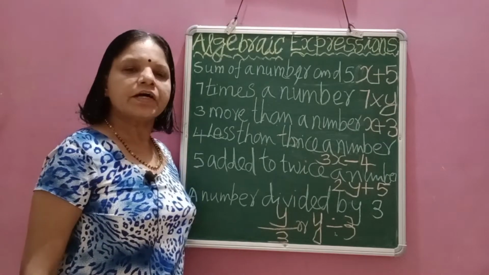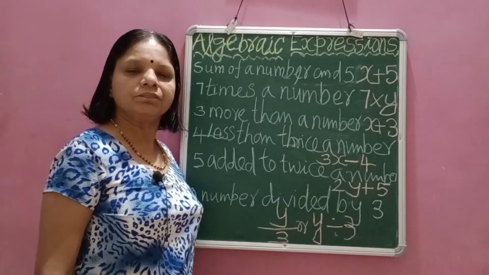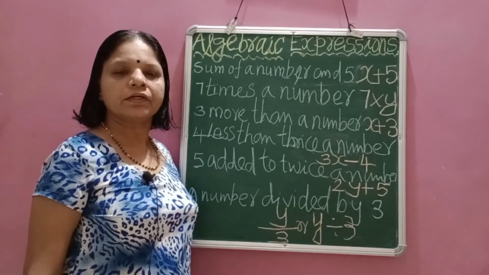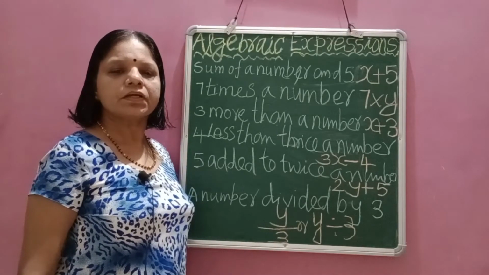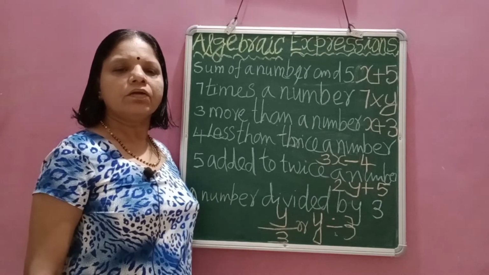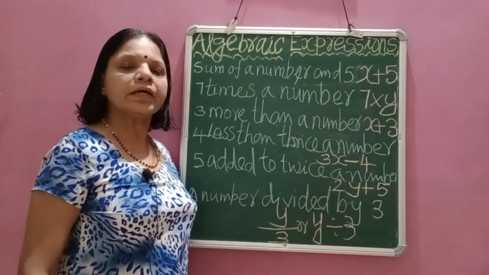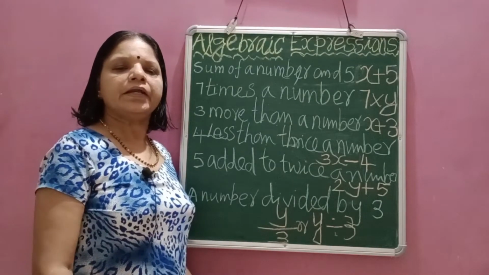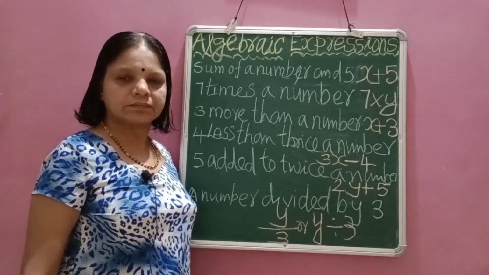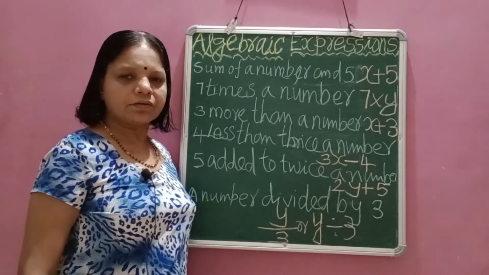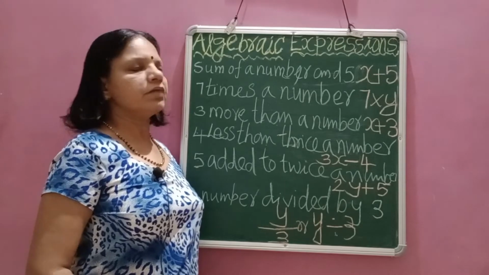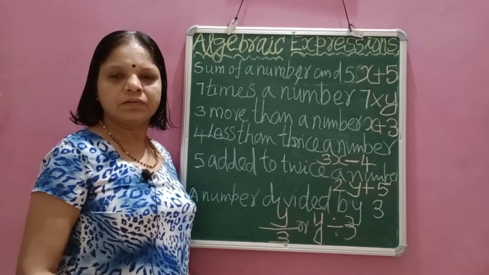The word algebra is derived from the Arabic word al-jabr, which means reunion of varied split parts. From that it came to be algebra, variable.